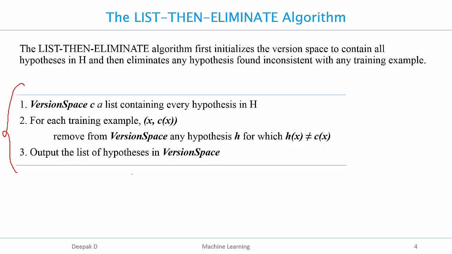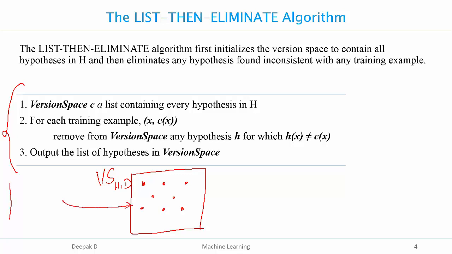As you know, you have a version space denoted as VS H comma D. It consists of hypotheses, and these hypotheses are taken from your H.